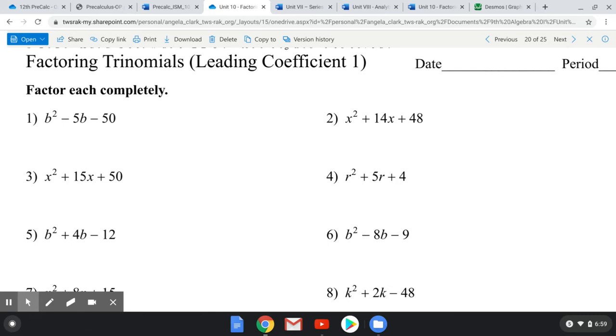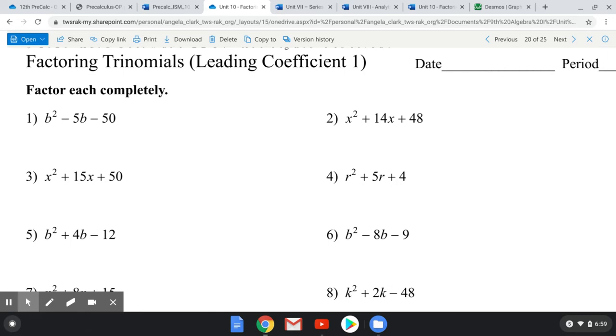This entire worksheet, the leading coefficient is 1. And then in the next worksheet, we'll be doing the same thing, but with different leading coefficients. So then I'll be teaching you how to deal with it when the leading coefficient is not 1, okay? So that's kind of the deal here.